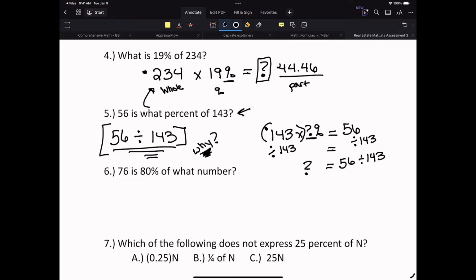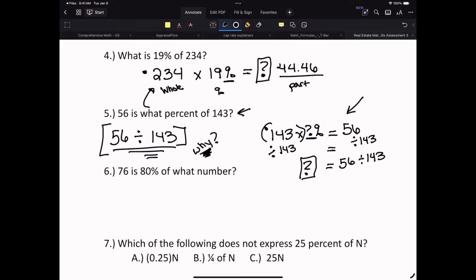Sometimes you all ask me, why do I multiply? Why do I divide? When do I multiply? When do I divide? This is not necessarily a T-bar video, but if somebody watching wants me to T-bar, I will show it to you very quickly. But I want to show you the basic math skills. Why are we dividing? Because it's part of this. Like, we had to get this by itself.